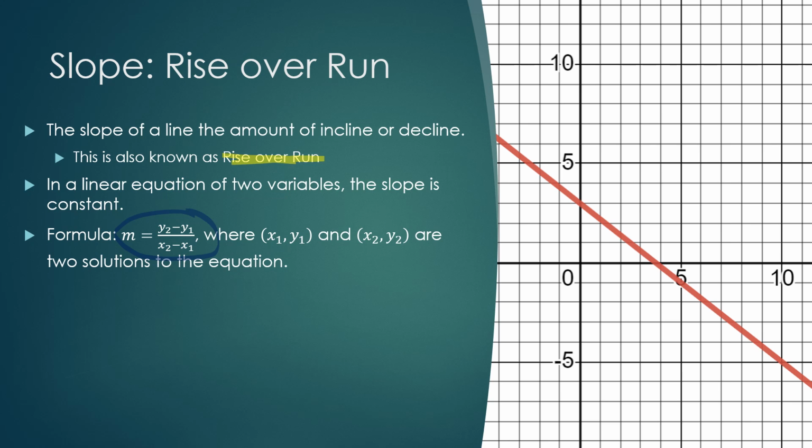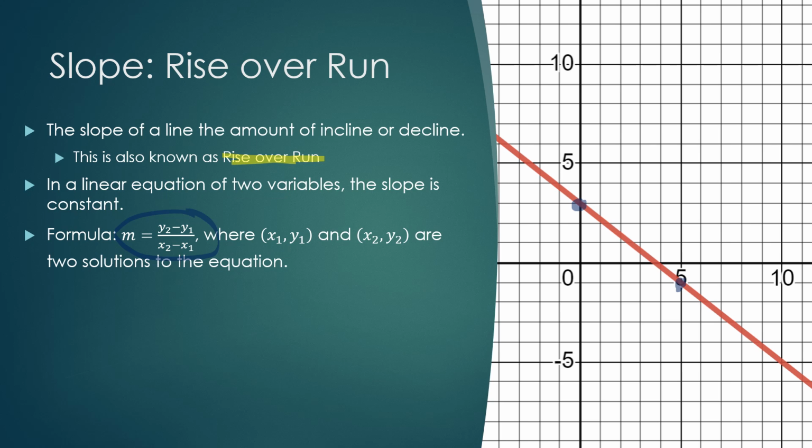Let's look at the graph we have here and at two ordered pairs that we can clearly determine. I know we have that ordered pair there, and right here is where it also crosses.